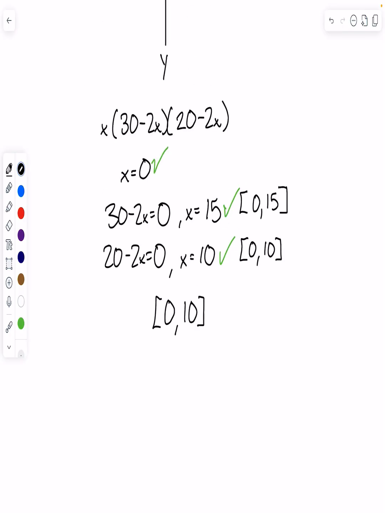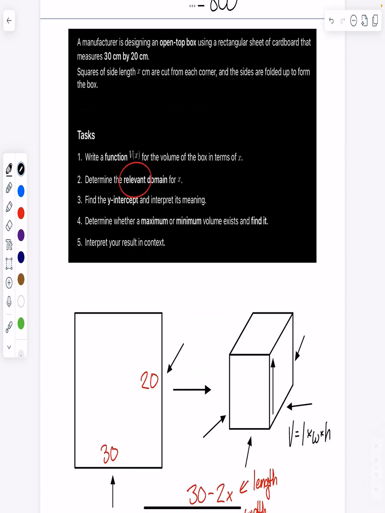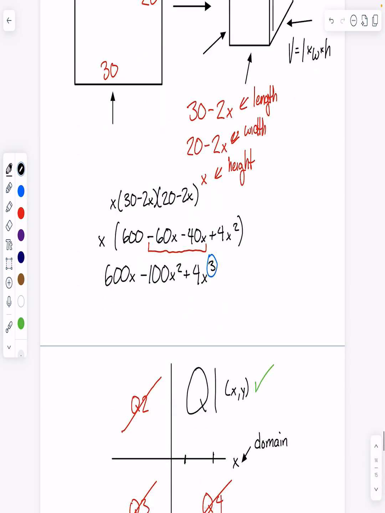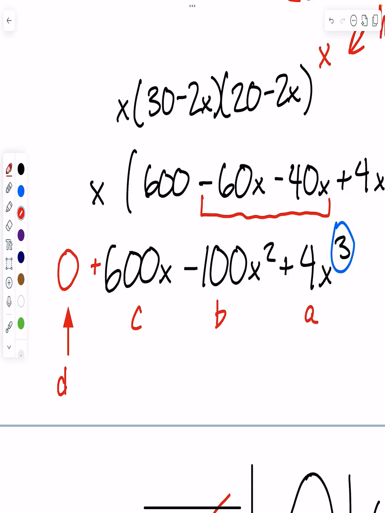Okay. So find the y-intercept and interpret its meaning. Well, if we take a look back here, notice that I did not have a d value, right? I had a c value, a b value, and an a value, but there is in fact no d value for this given equation. If there isn't a d value, then we assume it to be 0.